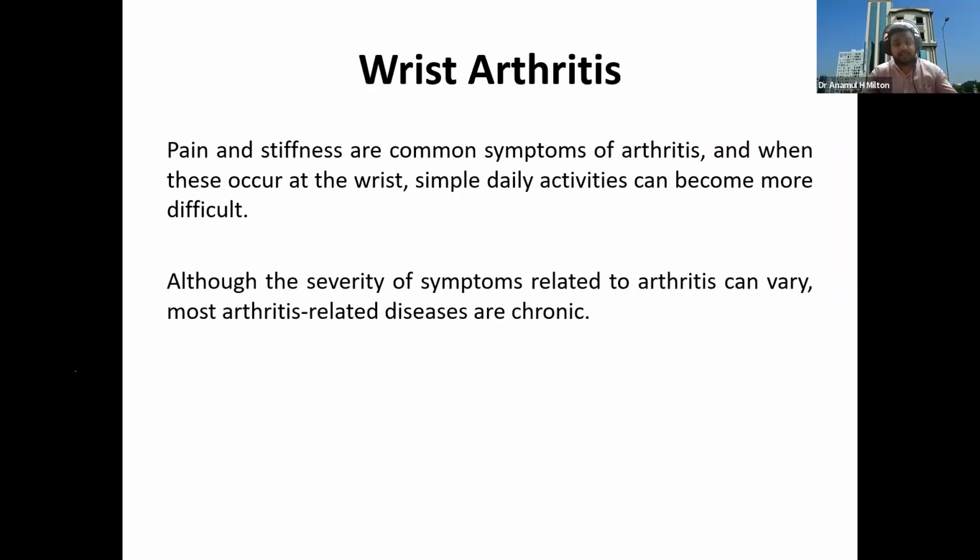The wrist arthritis. So the wrist is a common site, another very important and very common site for arthritis. There are two types of arthritis. One is inflammatory arthritis and the other is degenerative arthritis. So both actually affect this area.